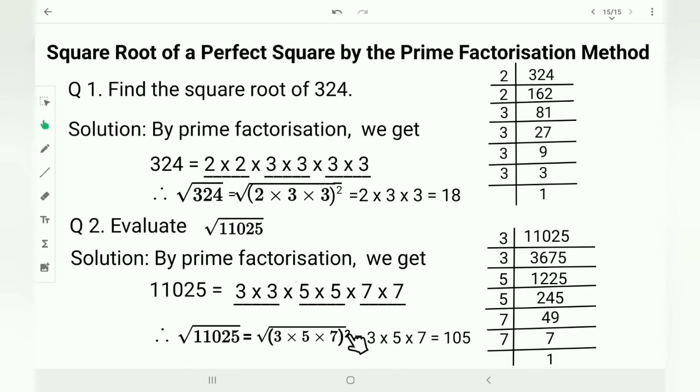You know a square and a square root can be cancelled. Then you have 3 into 5 into 7 which is equal to 105. Hence square root of 11,025 is 105. Thank you.